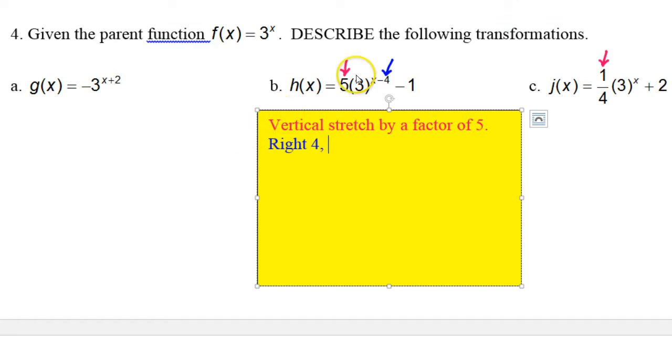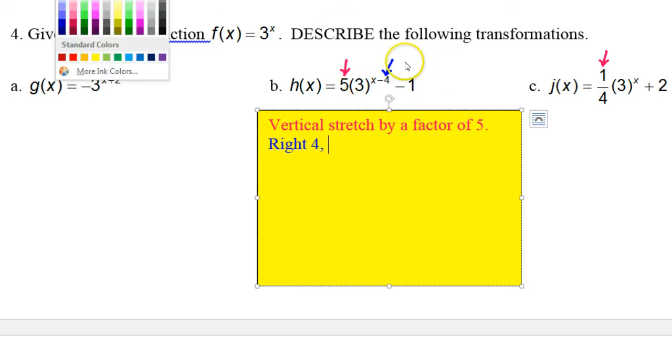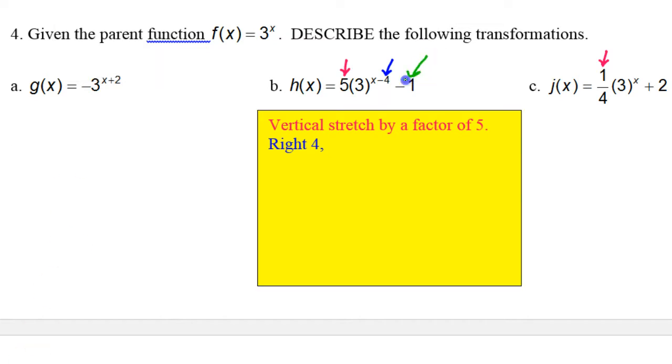Now here comes the -1 on the end. So that -1, when you have something adding or subtracting on the end, is going to be an up or a down motion. And this one works just like you would normally think.